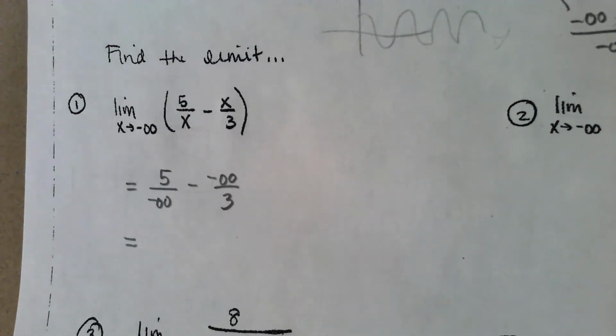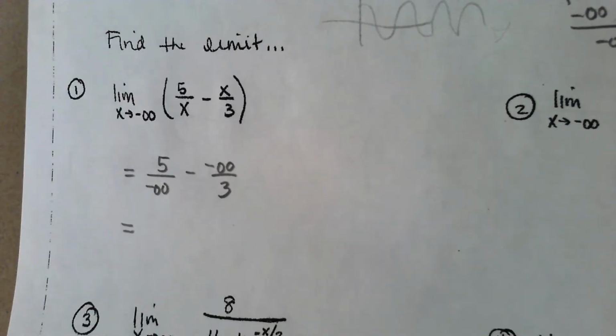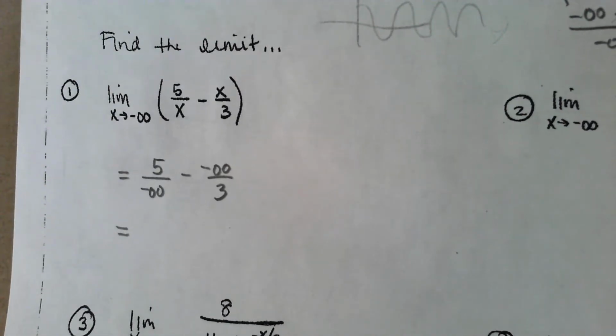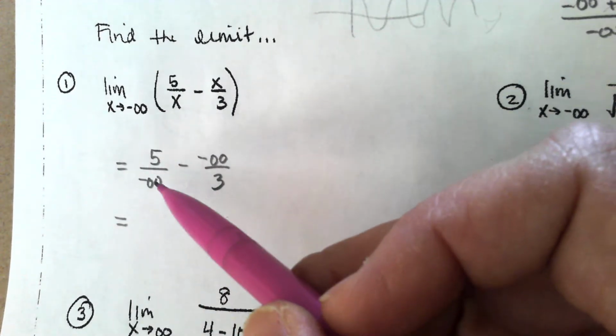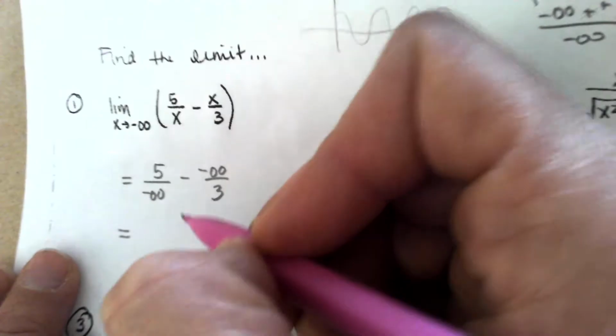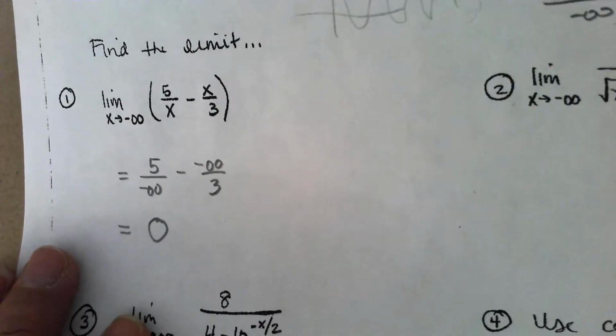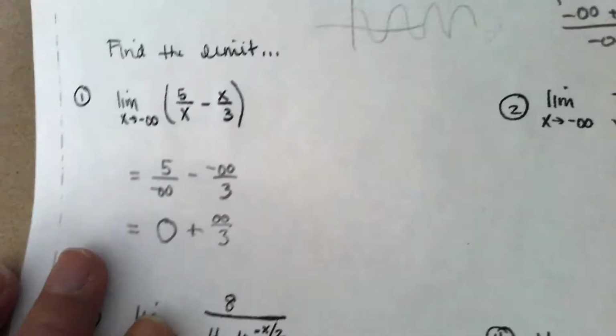Even if it's 100 over infinity, eventually when you get to those really humongous infinite numbers, 100 might as well be 1 because they're so non-significant. Constants really lose their significance altogether. Granted it's approaching 0 from the negative side, but it doesn't matter. It's still approaching 0. And this is plus, because of the double negative, infinity over 3.